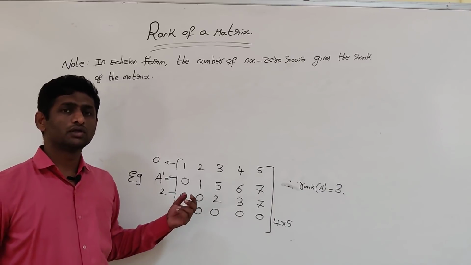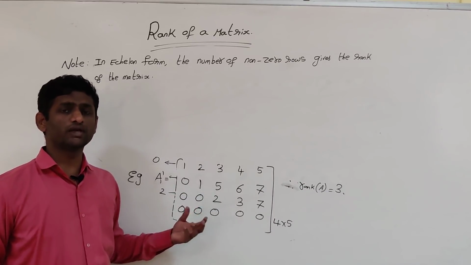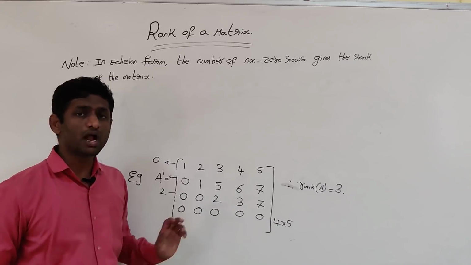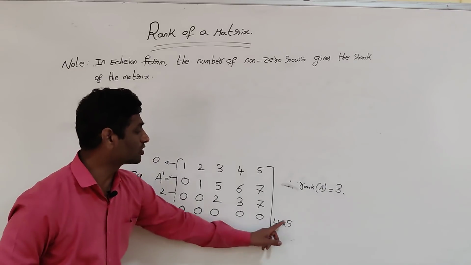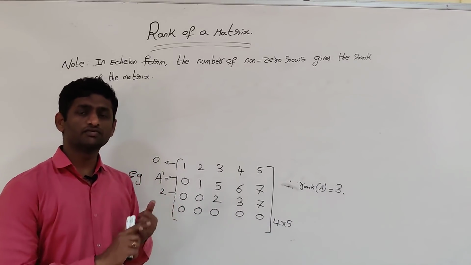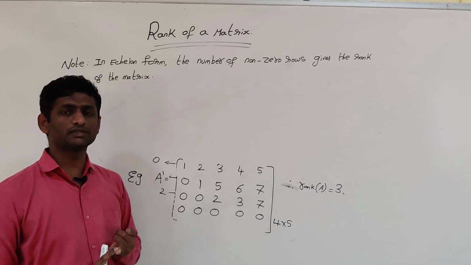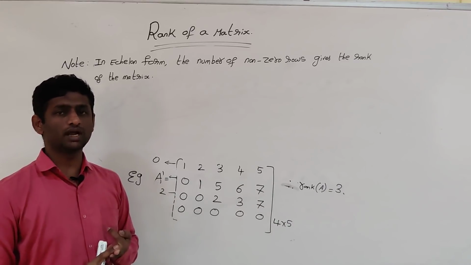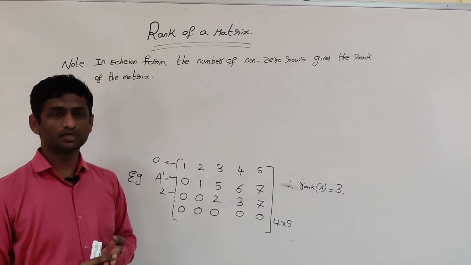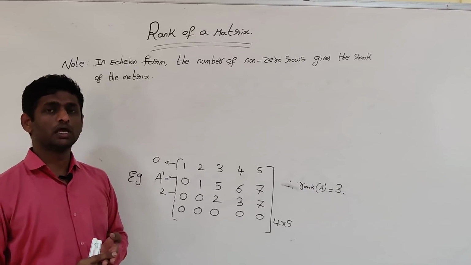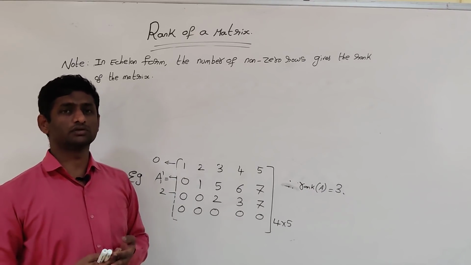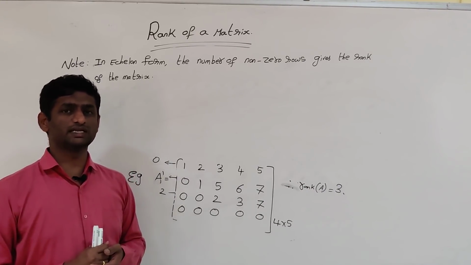Now, in order to find the rank, we have to find all square submatrices up to the minimum of 4 and 5, which is 4. So we can find order 1, order 2, order 3 and order 4 square submatrices. We have to check whether all 4 by 4 are singular or non-singular.